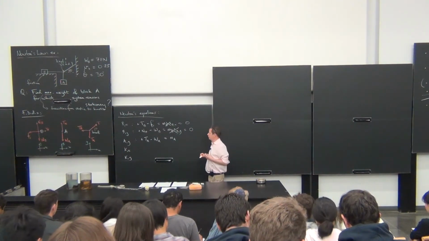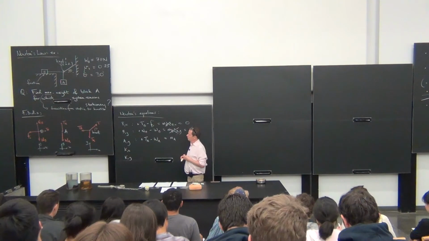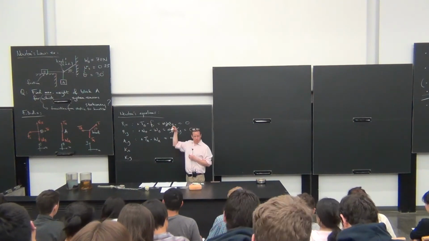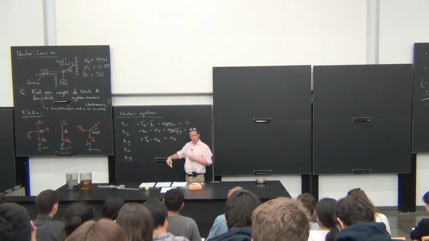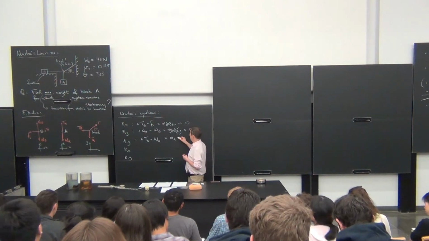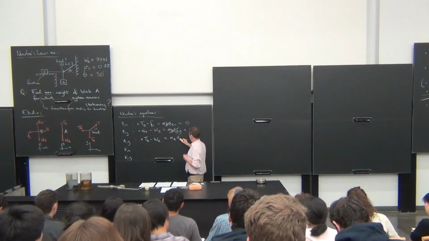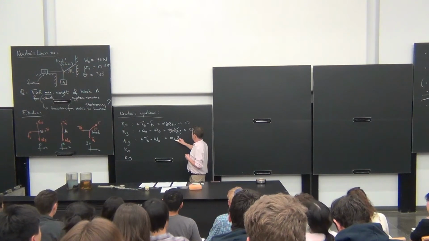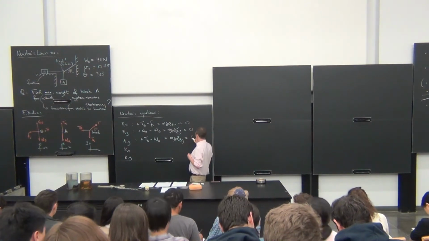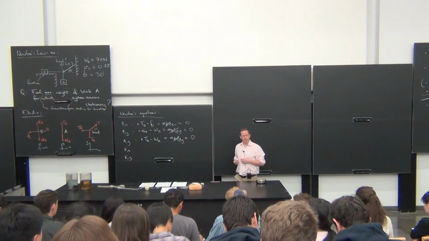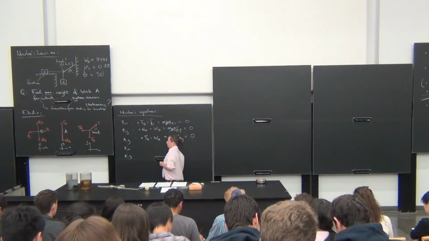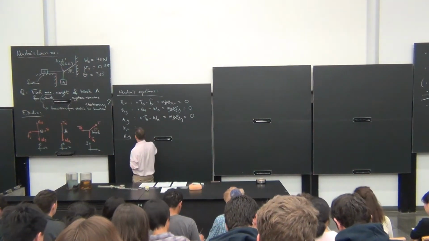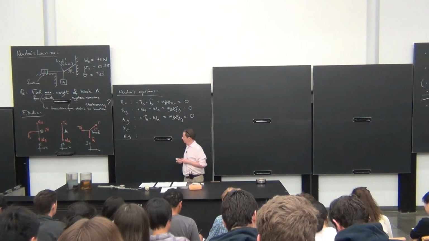If there was, it would be in the y direction. Knowing that if this thing moved at all, it was going to drop, I might have chosen positive y downwards. But in this case, I know that the acceleration of A in the y direction is 0. So all of this is 0. Okay, easy enough. It's the first time we've seen this, but otherwise it's familiar territory.